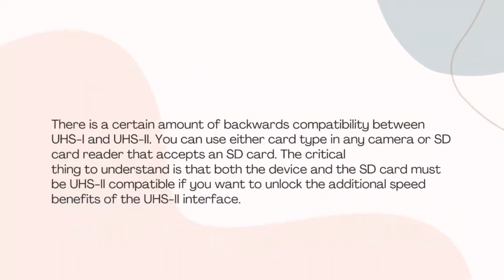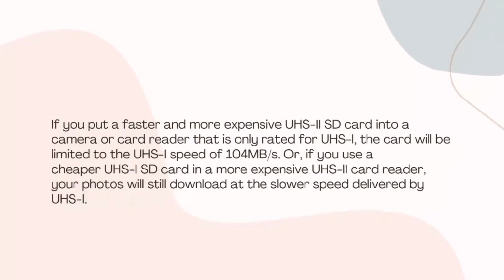There is a certain amount of backward compatibility between the UHS-1 and UHS-2. You can use either card type in any camera or SD card reader that accepts an SD card. The critical thing to understand is that both the devices and the SD card must be UHS-2 compatible if you want to unlock the additional speed benefits of the UHS-2 interface.